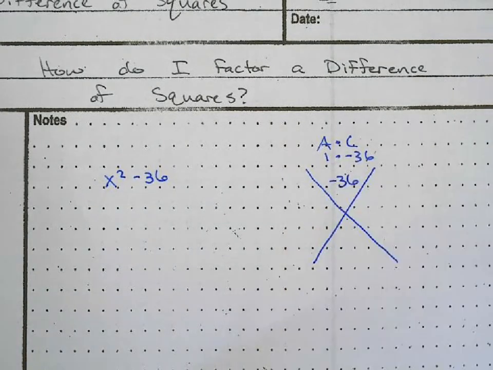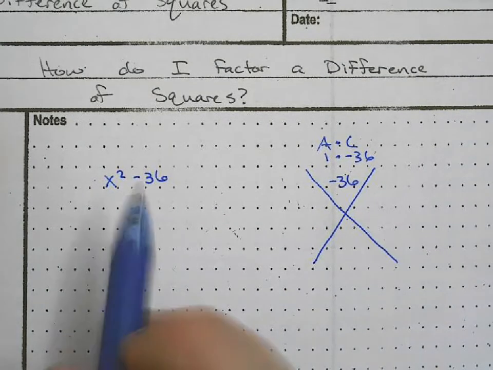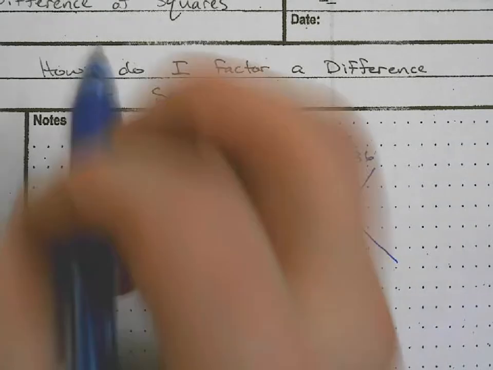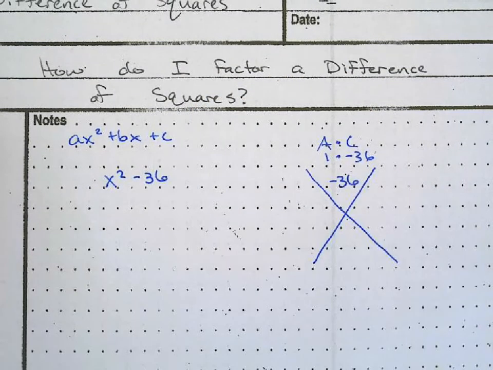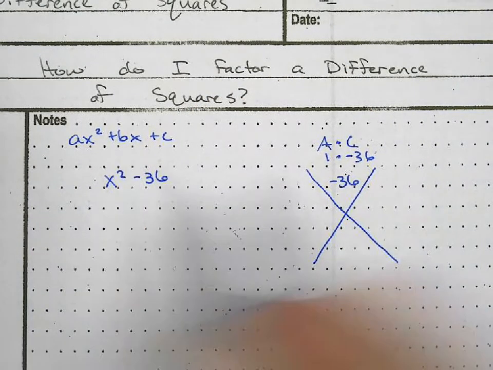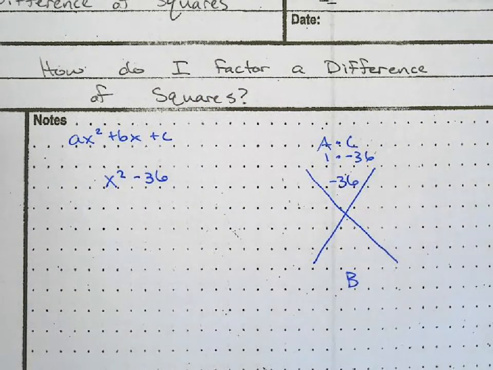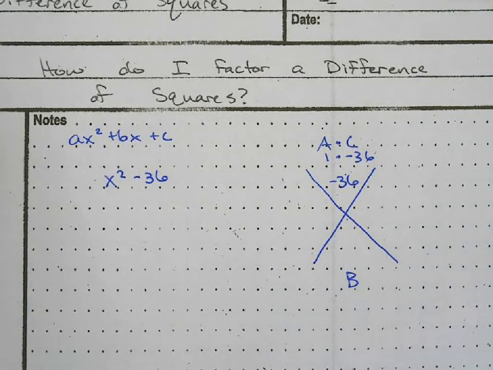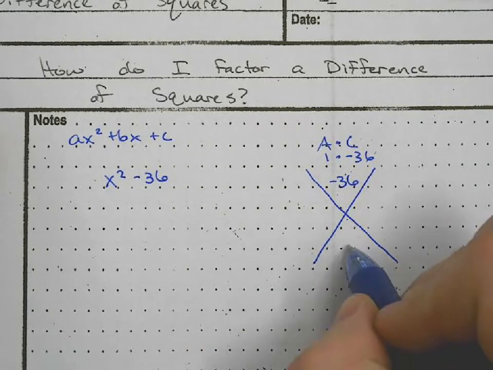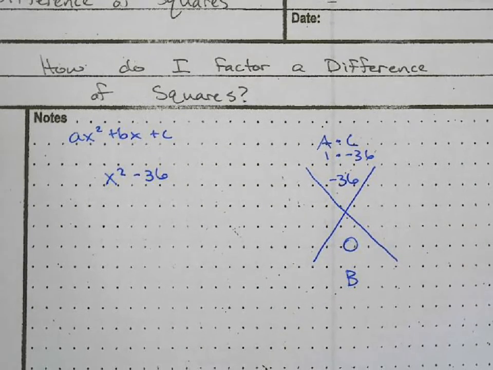So I get negative 36 up top. And the b value is what's missing. Because remember, I'm always looking at ax squared plus bx plus c. And so if I have no bx, what would the value of b be? The value would be 0.